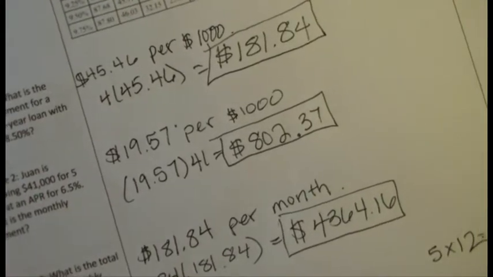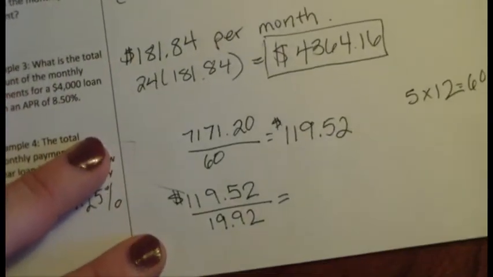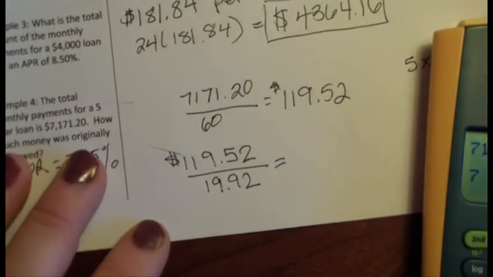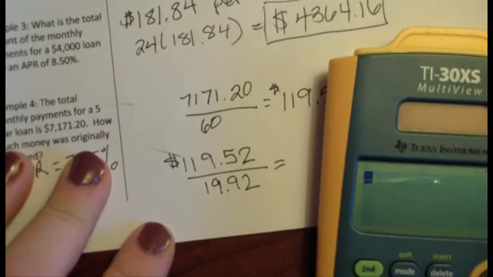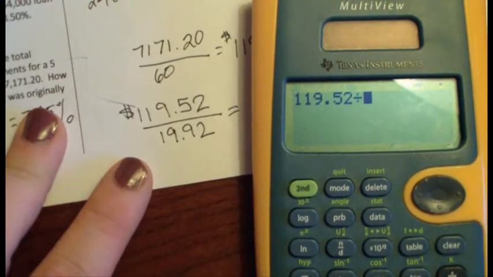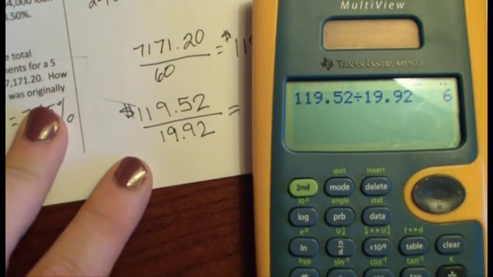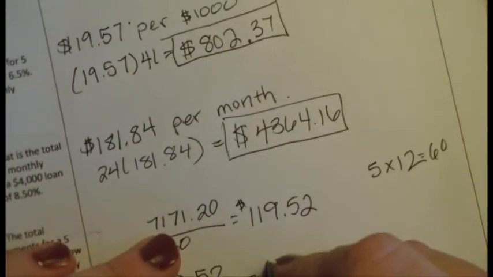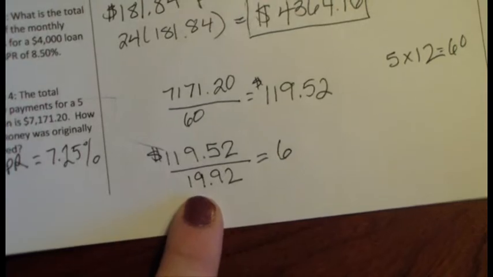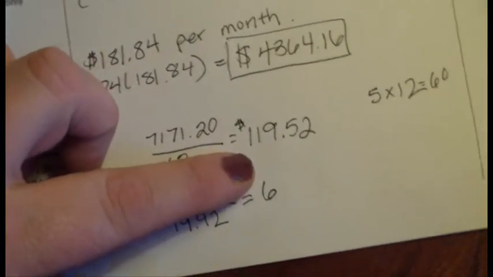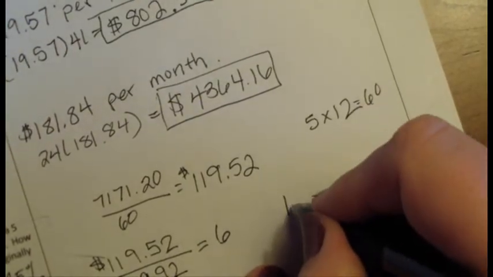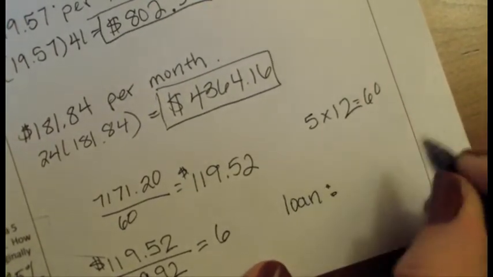That should tell us how many 1,000s they borrowed. 119.52 divided by 19.92 equals 6. So that means they multiplied the monthly payment for $1,000 6 times. So our total loan was $6,000.